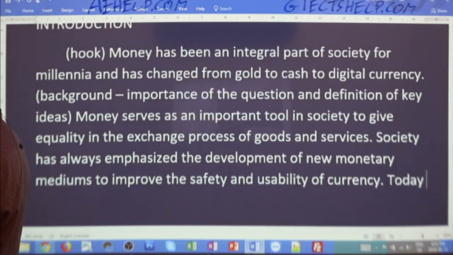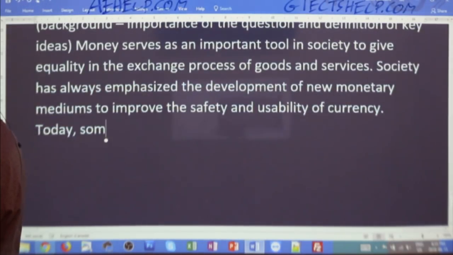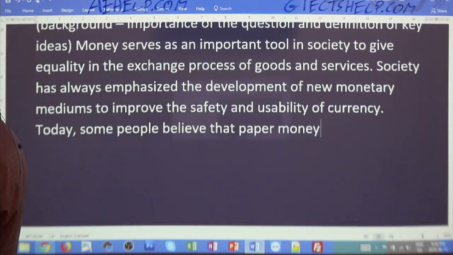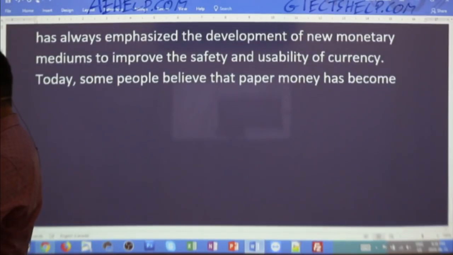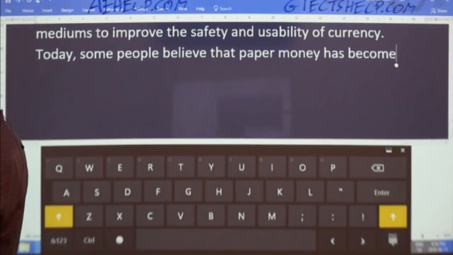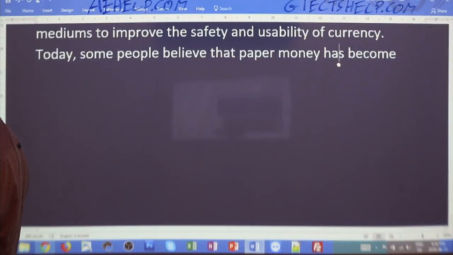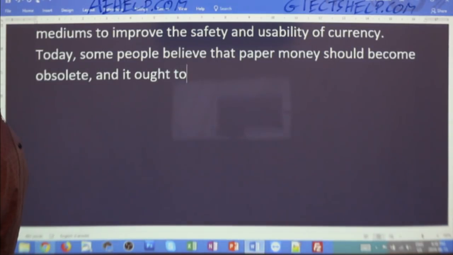Today, some people believe that paper money has become obsolete or should become obsolete, and it ought to be replaced by digital currency worldwide.